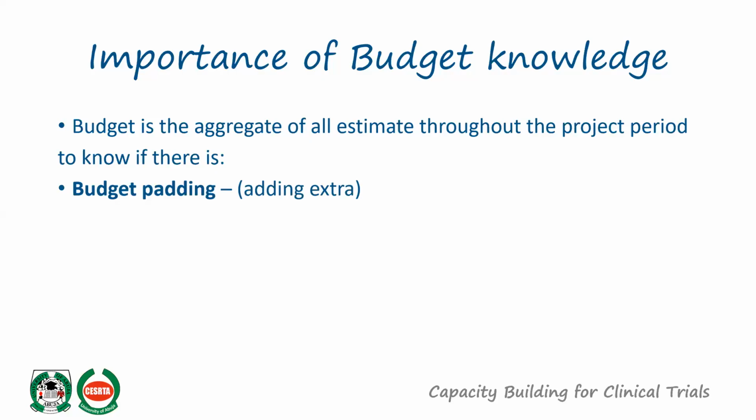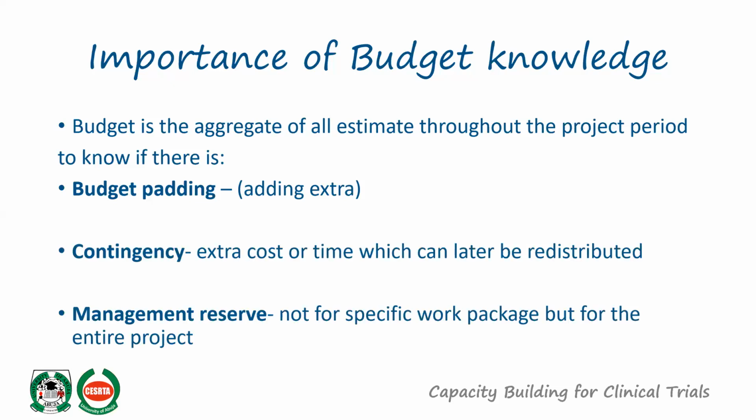Now, for example, we need to know if there is budget padding, because there are some people who do bad budget padding, which is not healthy for a clinical trial or for any project. Then we need to know if there is contingency, which is just an extra cost of time that can later be redistributed along the line.